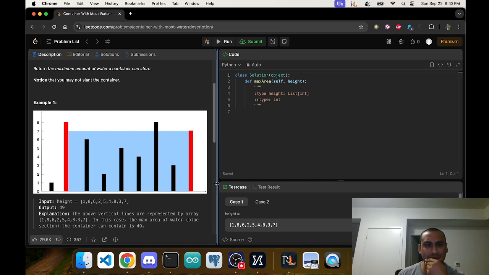Why? Oh, because the max height goes up to 7, it looks like.